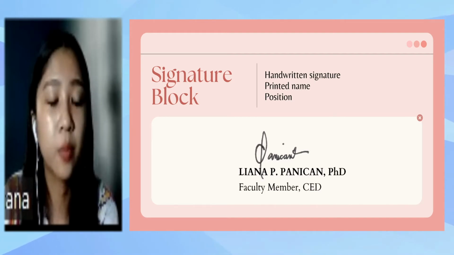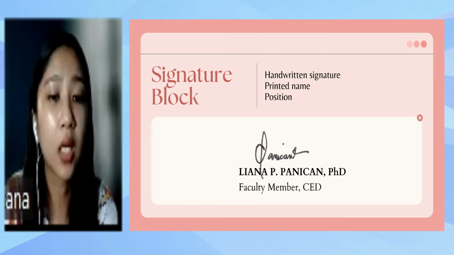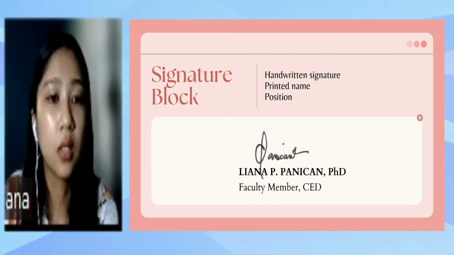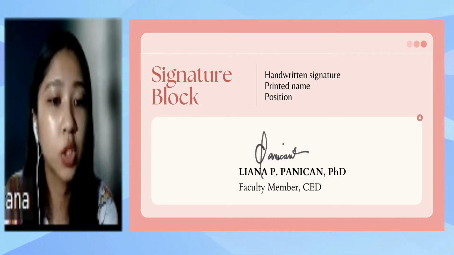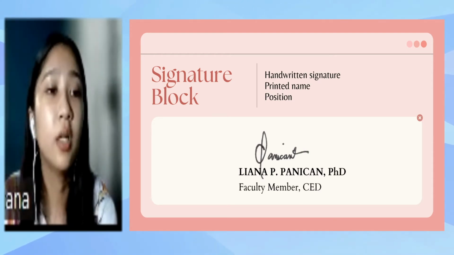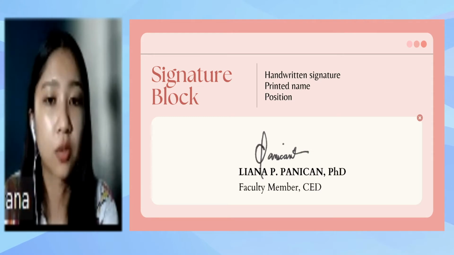My printed name is written in all capitalized letters and in bold, of course. The next line is followed by my position, which is, for example, faculty member, CED. So that's all for the parts of the letter.